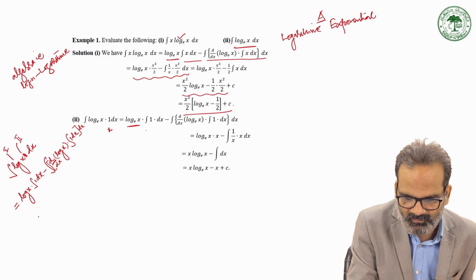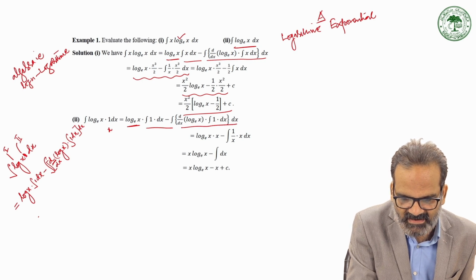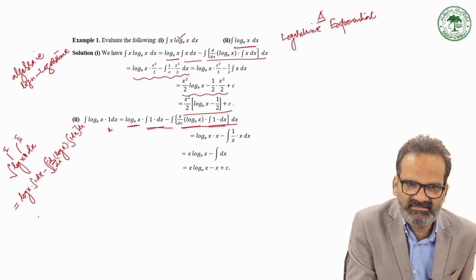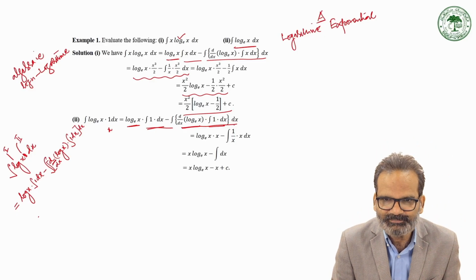Look at this line: log x as it is, integral of 1 dx, minus integral of the derivative of log x into again the integral of 1 dx, because 1 is considered as the second function, and dx is written outside.